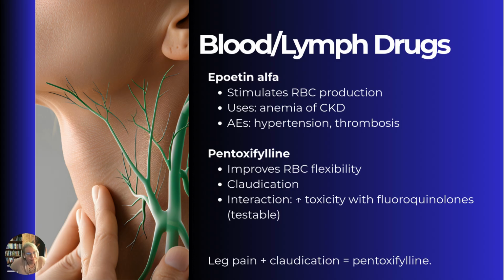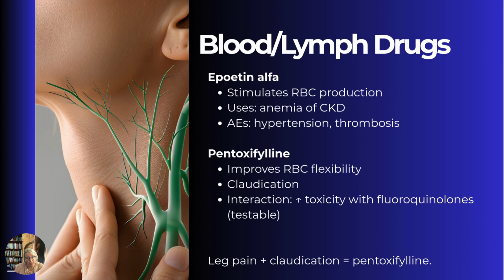And then we have pentoxifylline, which is improving RBC flexibility. The brand names there are Trental and Pentoxil. This is used to improve blood flow in patients with circulation disorders, so mostly used for claudication. So if you have leg pain, claudication on the test, you're thinking pentoxifylline.